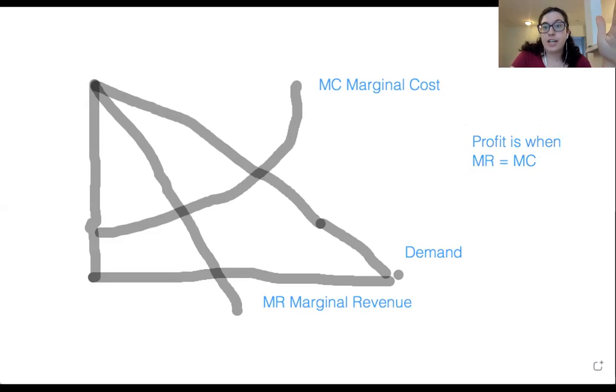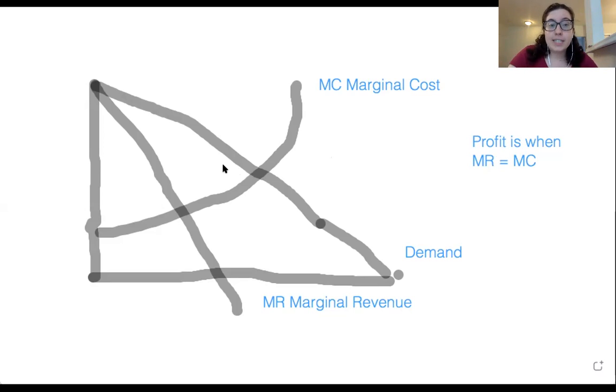That doesn't matter as much as knowing the basic formula. All you need to know is that wherever the additional amount it costs you to make something and the additional amount you get from that thing equal each other is where you're going to produce, because that is where you make the most profit. You want to go up to that point, because if you made one more item, it would cost you more to make it than you would get for making it.